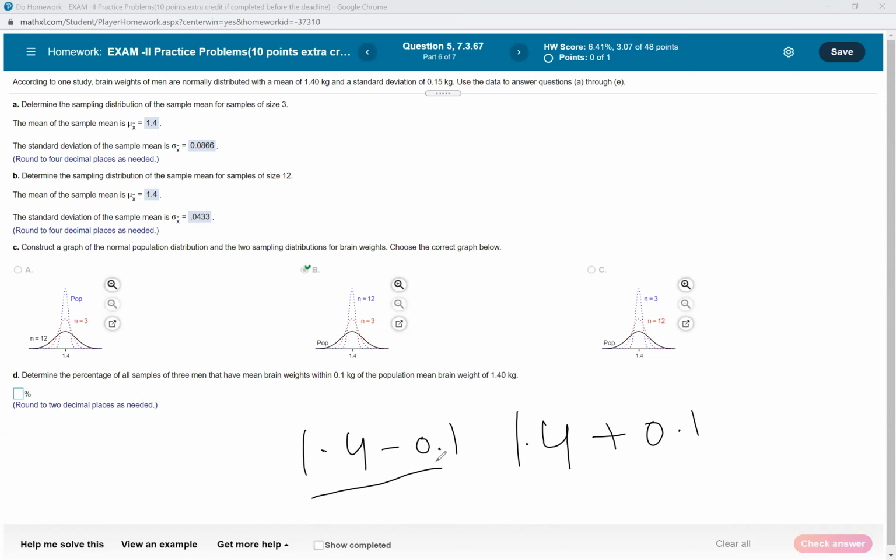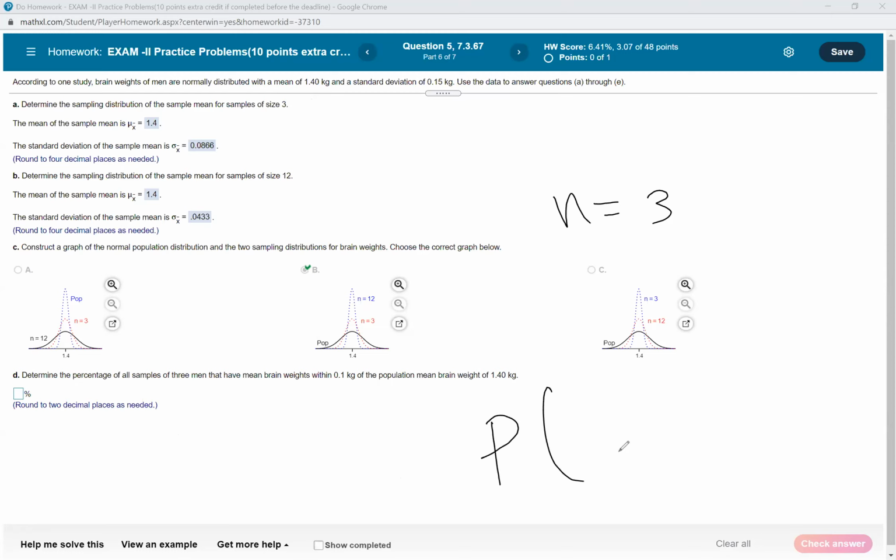Okay, so since the population distribution is normally distributed, the sample size for 3 men means the sample size is 3. So we have to find the probability of x bar, let me write it again. For all 3 men, we need to consider the sample size n equals 3.